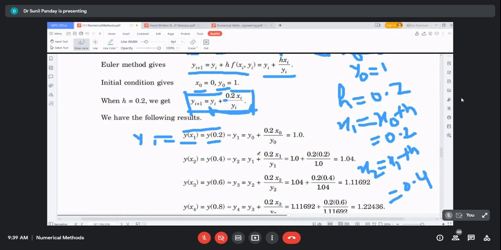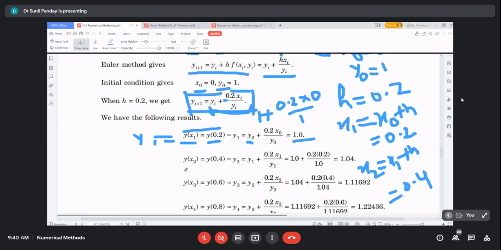It is y at naught plus 0.2 times x naught upon y naught. y naught is 1, so it is 1 plus 0.2 times x naught, which is 0, divided by 1. So finally this term is 0 and you have 1 in this solution. So y of x1 is this one.